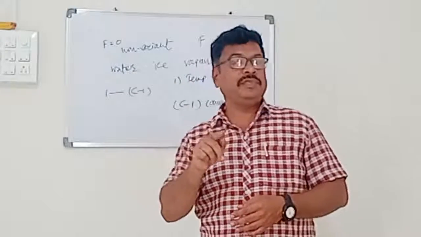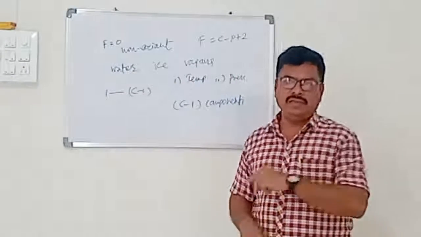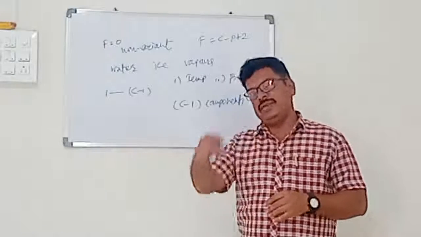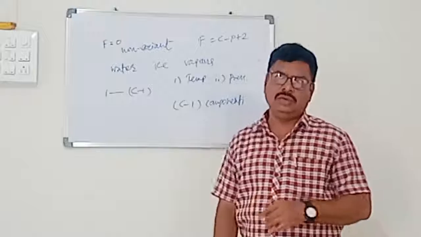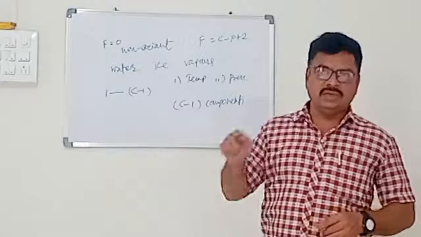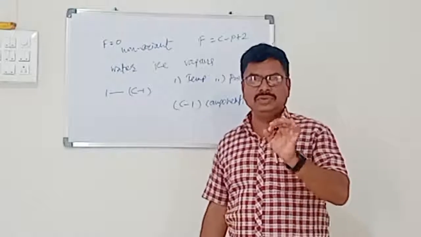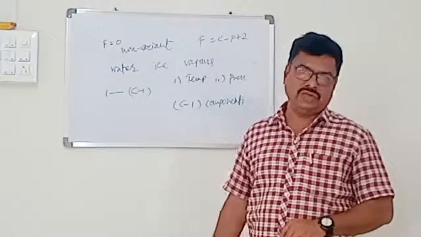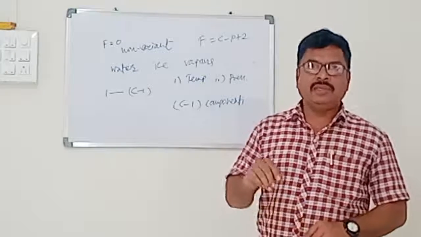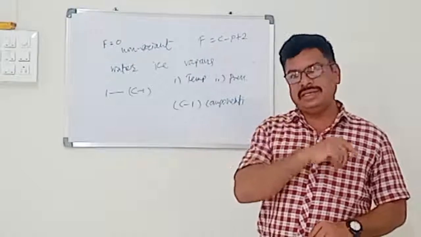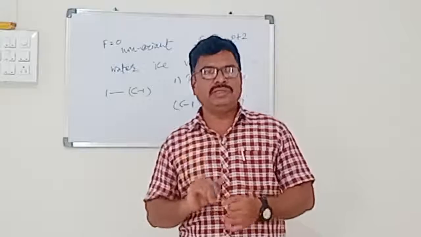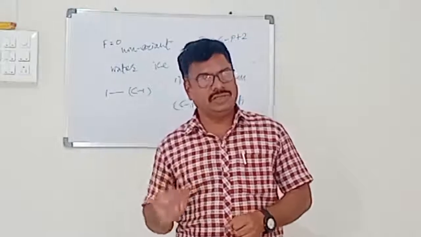In this way, you will get the weight of that particular student. In the same manner, if the overall concentration is known, then you should know the concentration of C minus 1 constituents so that you can know the composition of the remaining constituent.